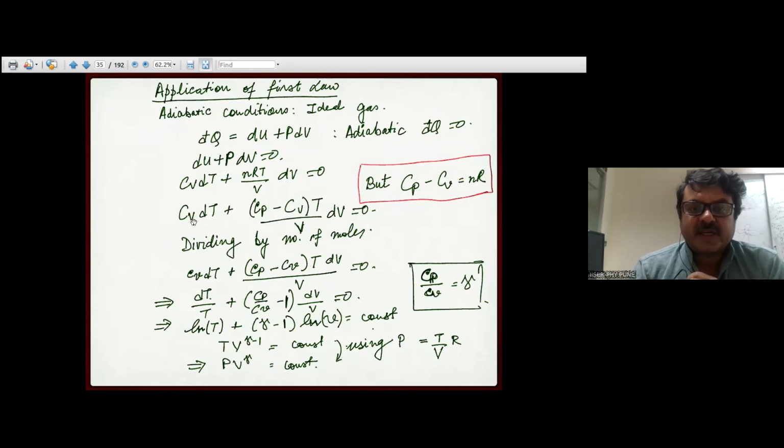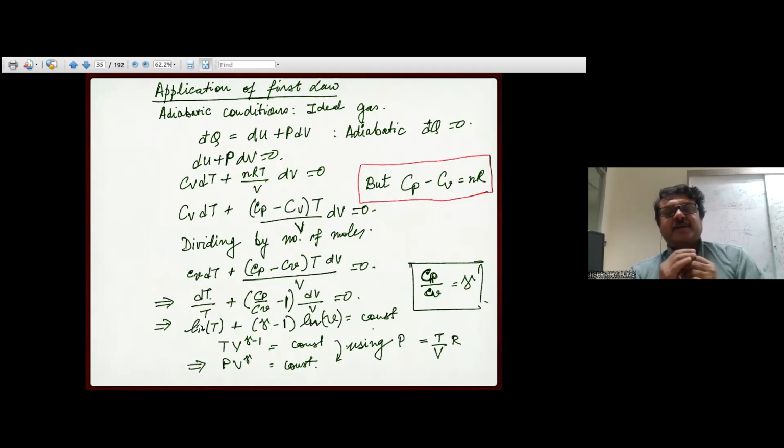So you substitute that, and you get Cv dT plus (Cp minus Cv) dV by V, and you don't need to divide by moles. So you get this relation.